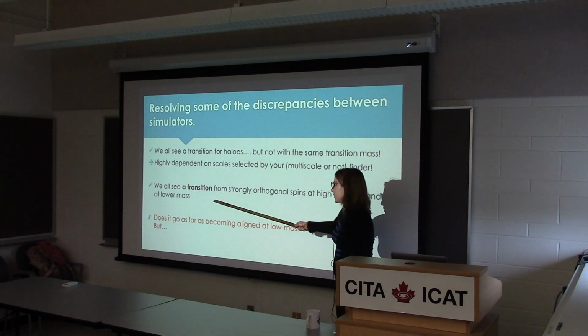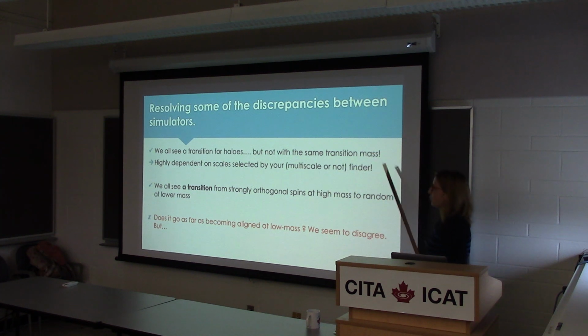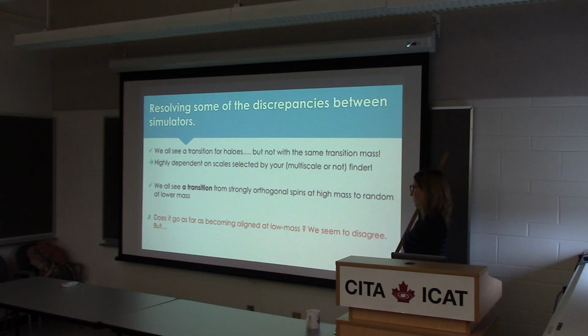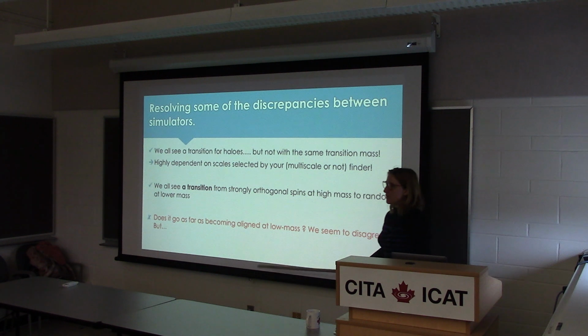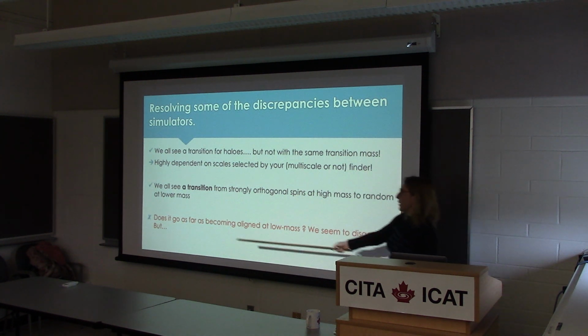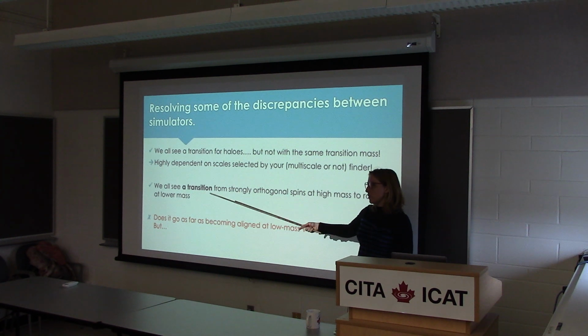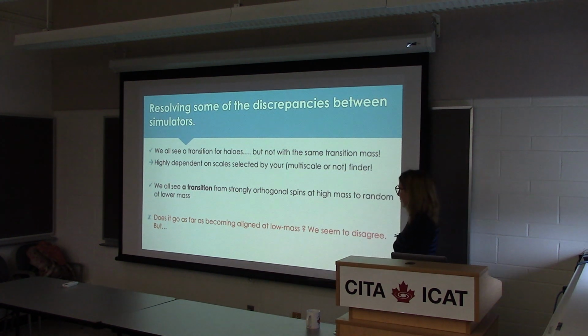And we all see a transition from strongly orthogonal spins at high mass to at least random at lower masses, and sometimes to parallel at lower masses. So the disagreement is, does it become aligned at low mass? But I want to insist on that. If you look at the papers closely, even those that say we don't see a transition, what you see on their plot is a transition. It just doesn't go as far as aligned.